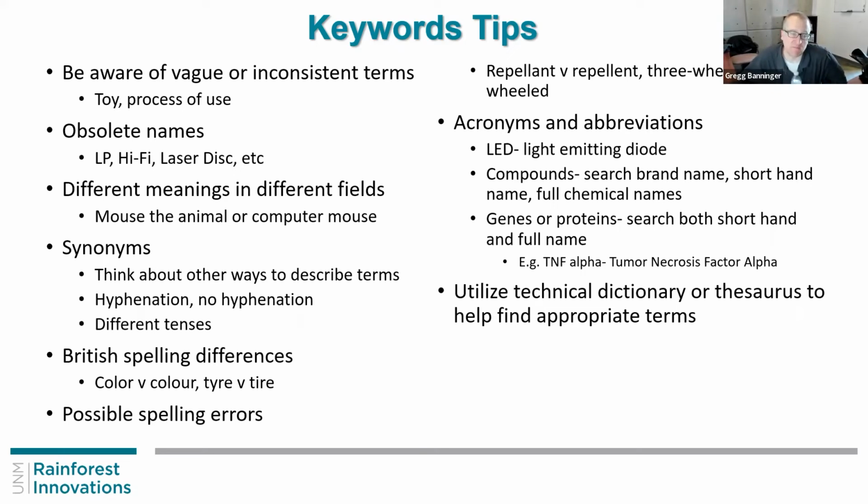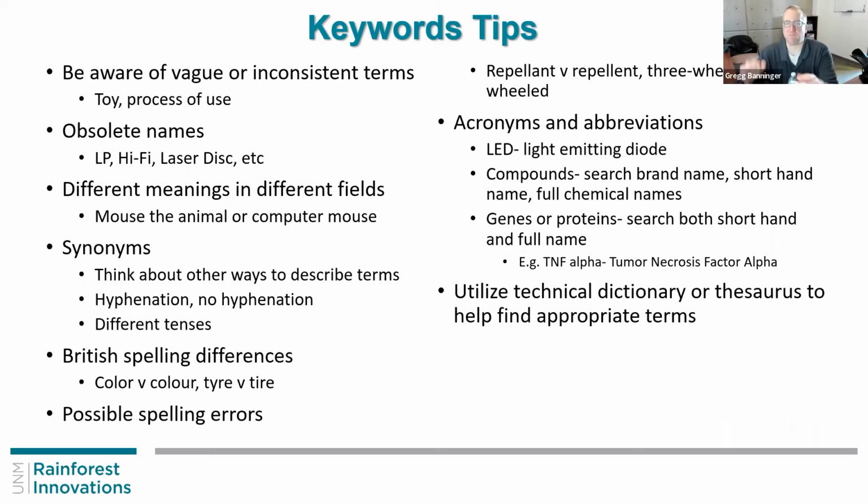It's possible there might be spelling errors in the prior art, so it's not coming up. So maybe you'd want to search common ways that they may be misspelled. And I think there's some examples right here: repellent versus repellant and how it's spelled. Acronyms and abbreviations. So I tend to do both.